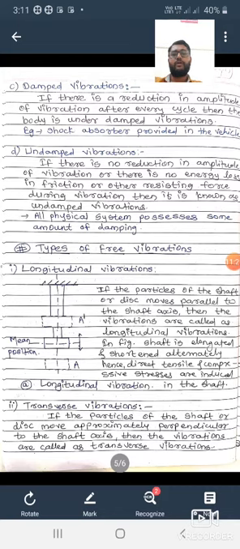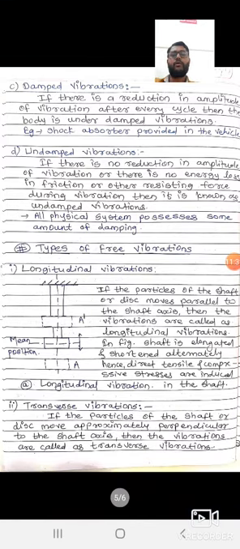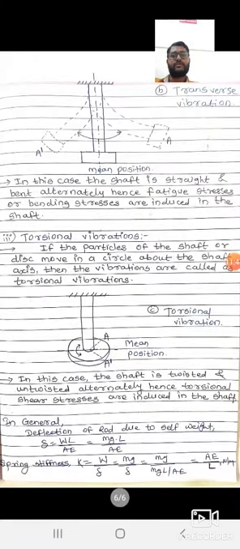The second type of free vibration is transverse vibrations. Students, transverse vibrations mean what? If the particles of the shaft or disc move approximately perpendicular to the shaft axis, then the vibrations are called transverse vibrations. For example, the diagram shows a shaft with some weight attached.